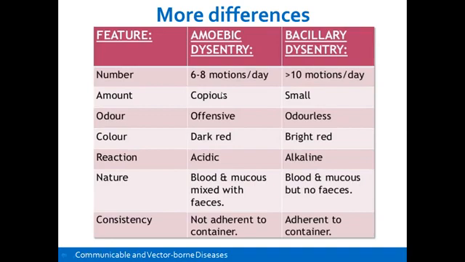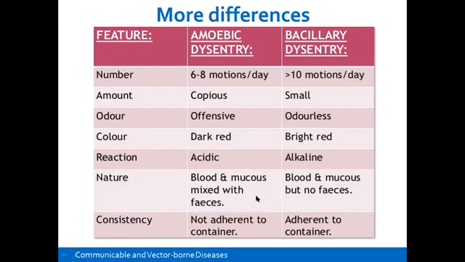The amount of stool you produce here is copious, because in amoebic dysentery, it will have stool which has mucus and blood, but in bacillary dysentery you'll have mostly mucus and blood, so very little amount of stool. The odor of the stool is offensive in amoebic, dark red, but in bacillary dysentery it's odorless and bright red.